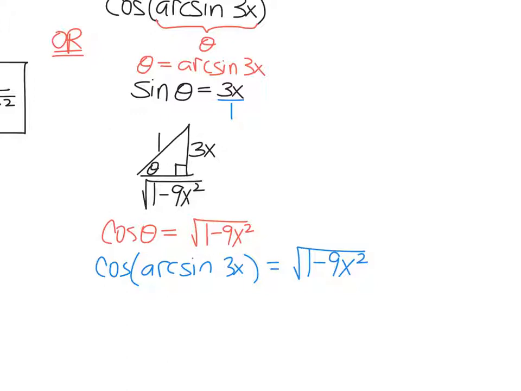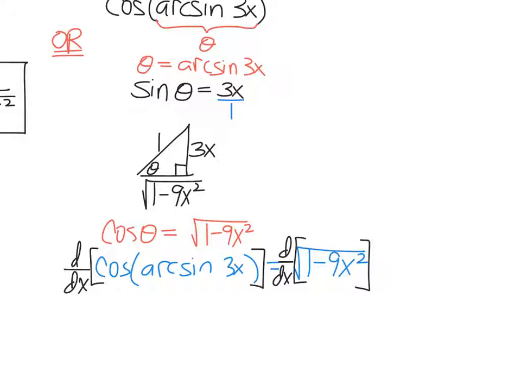But here, I don't need to know that because if I wanted the derivative of the cosine of the arc sine of 3x, and I know that cosine of arc sine of 3x is equivalent to the root of 1 minus 9x squared, I could just take the derivative of the radical expression, and whatever that gives me as a result would be the same as the derivative of the cosine of arc sine of 3x.